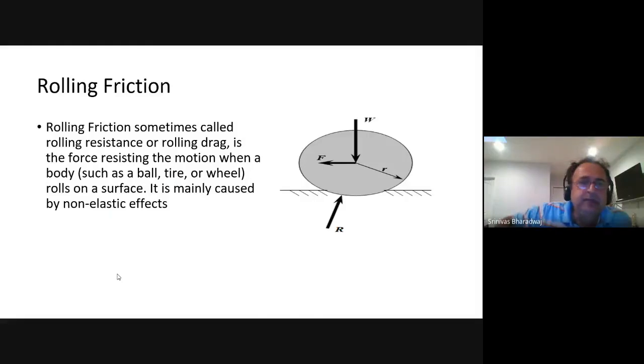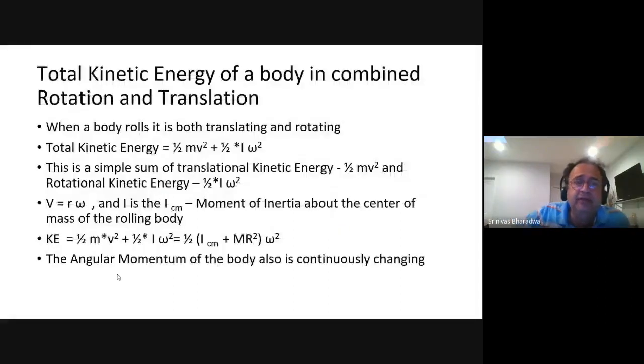Now, the force resisting the motion when a body rolls on the surface is mainly caused by non-elastic effects. Now, when a ball or a body rolls, it has two kinds of kinetic energy: one from the rolling, and the other from the translation. It has both translational and rotational motion.